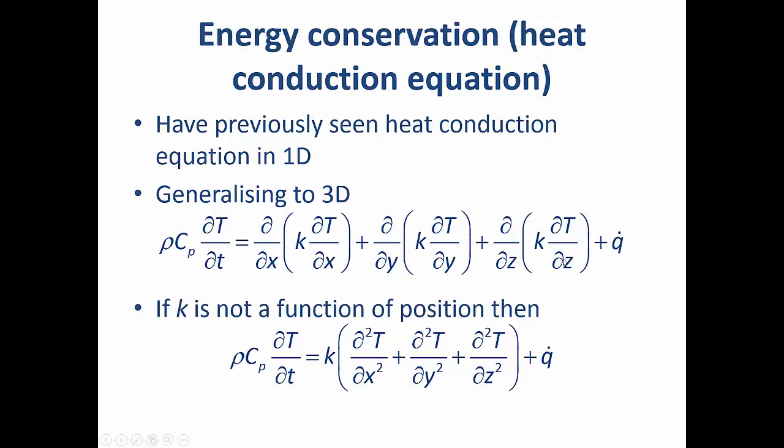So I'm just writing down equivalent terms for the other 2 Cartesian directions. And if, as in previous examples, k is not a function of position, then we can simplify these 3 terms slightly by bringing k out of the differentials, so that we end up with this overall result shown here, involving a time dependence term, 3 position dependent terms, and a heat generation term.